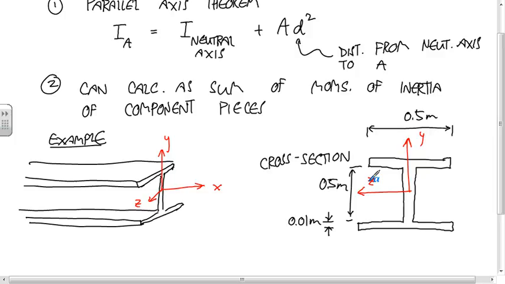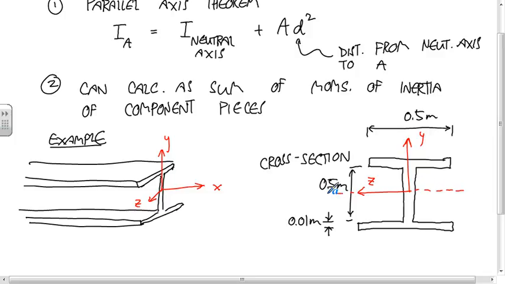And what about the origin? How do we choose where the origin of this coordinate system goes? It goes on the neutral axis. So how do we choose where the neutral axis goes? Yeah, the neutral axis is at the centroid and horizontal.